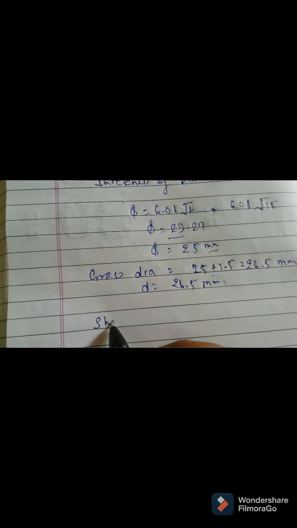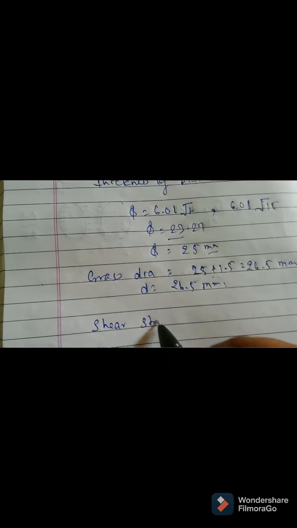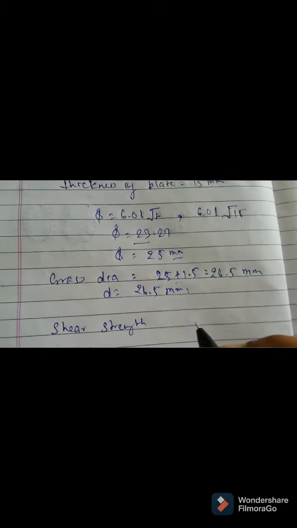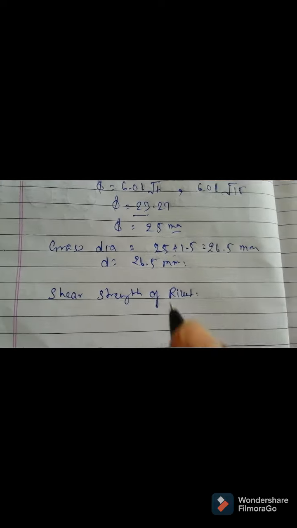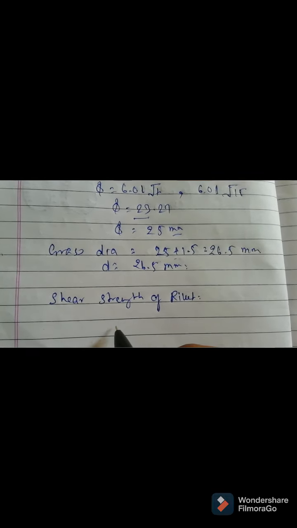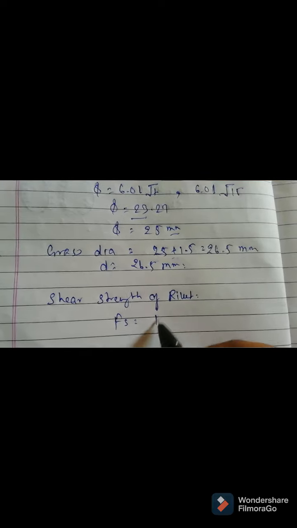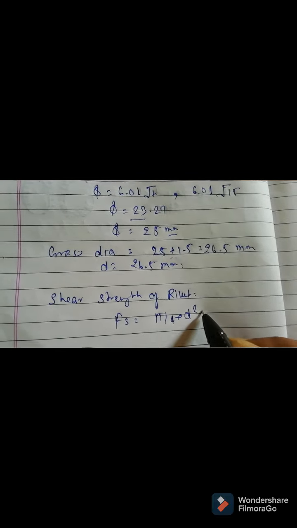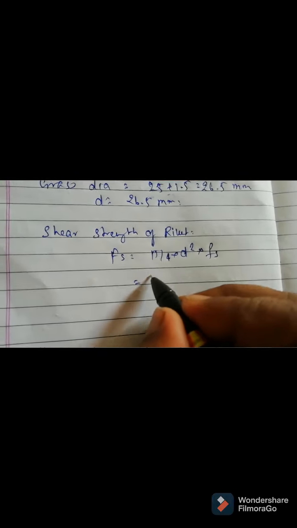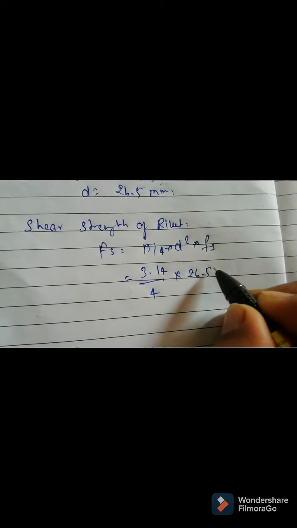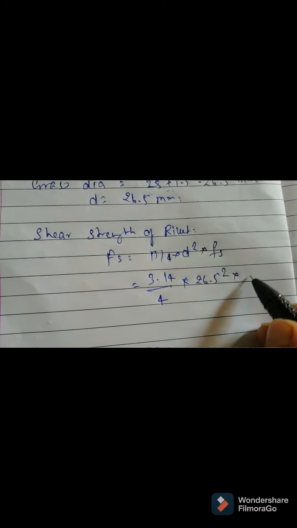So now let's calculate the shear strength of rivet. Shear strength of rivet equal to pi by 4 into d square into Fs, or sigma s, no matter. That is 3.14 upon 4 into 26.5 square into Fs, which has been given as 90.